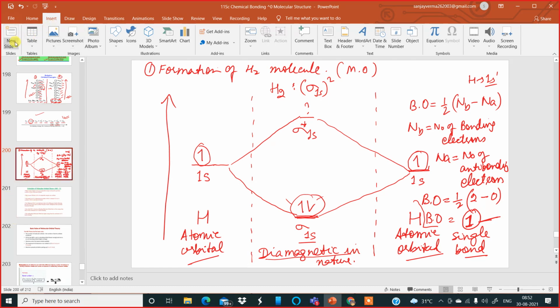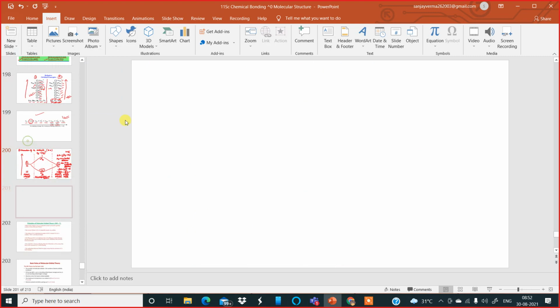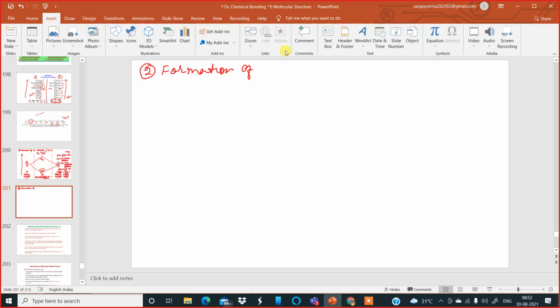Now the next one, what I would like to show you is the second example, that is number 2. I am writing down over here formation of molecular cation, hydrogen molecular cation, H2 plus.